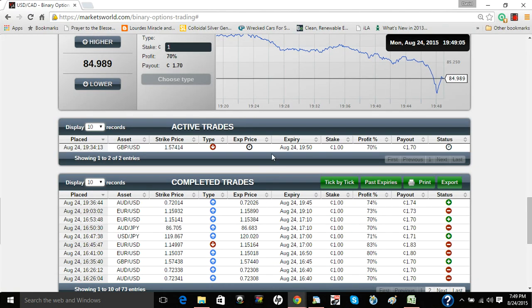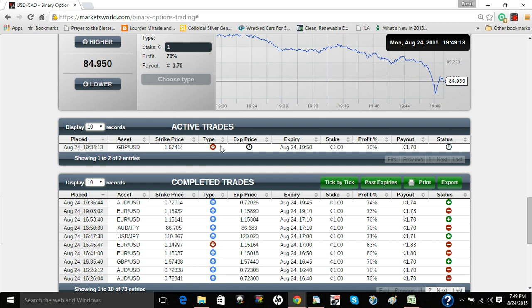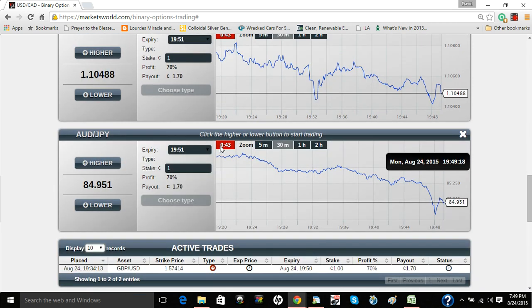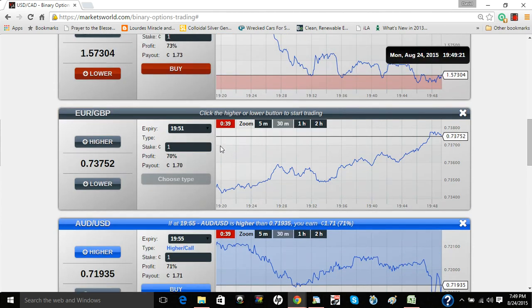Then let's go back over here. Pound USD has a few more minutes left before it expires, and the strike price is 1.57414. Let's scroll up to Pound USD and take a look real quick.